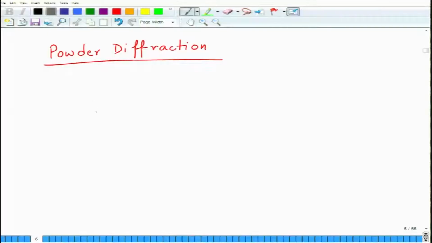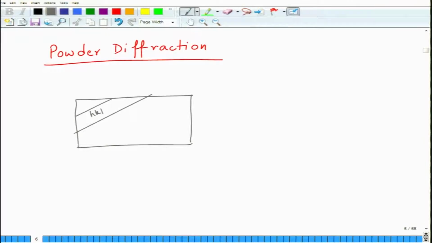So, if you just look at a macroscopic picture of powder, let us say you have a plane HKL. If this was a single crystal, then you will have only one set of HKL planes with respect to the incident radiation, and if that is not satisfying Bragg's condition, you will not have any diffraction.